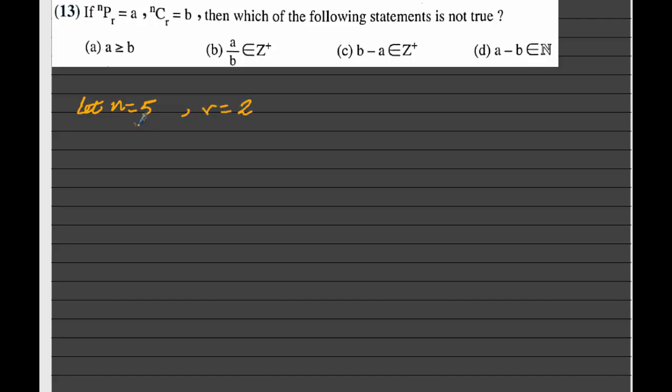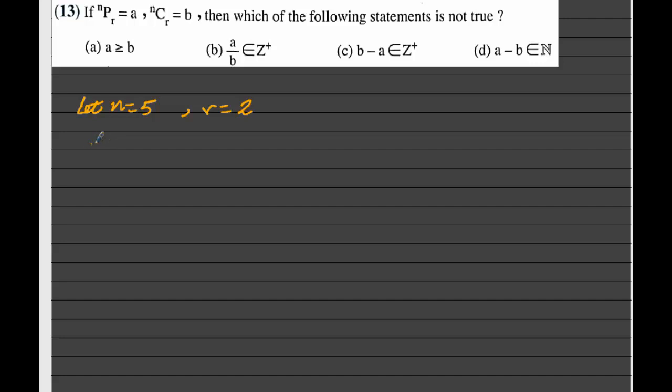Of course, you can choose any two different numbers, maybe 5 and 3, 6 and 4. In general, we will assume that n equals 5 and r equals 2.